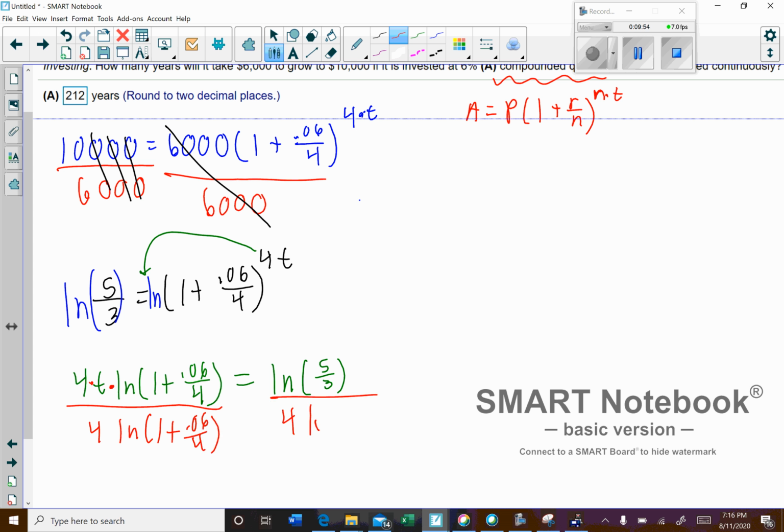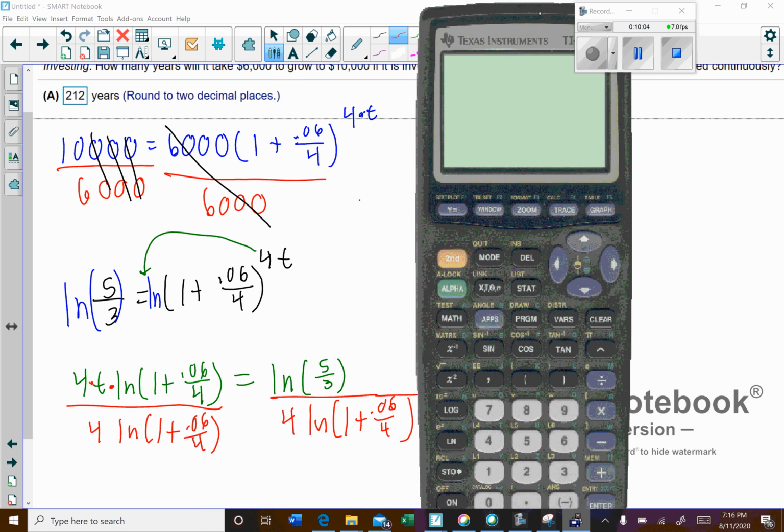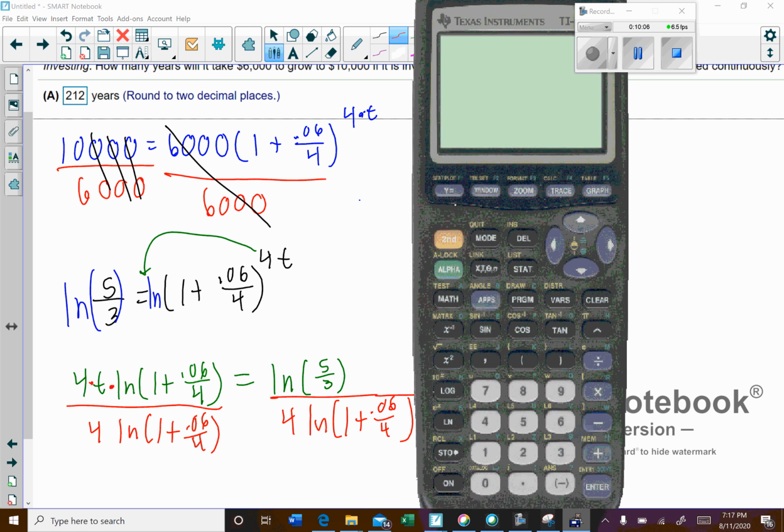Now the tricky part is going to be putting it in the calculator correctly. If not, you might need to do this part in steps and just keep rounding your decimals to help you out here. So we're going to have natural log of 5 divided by 3, close it.